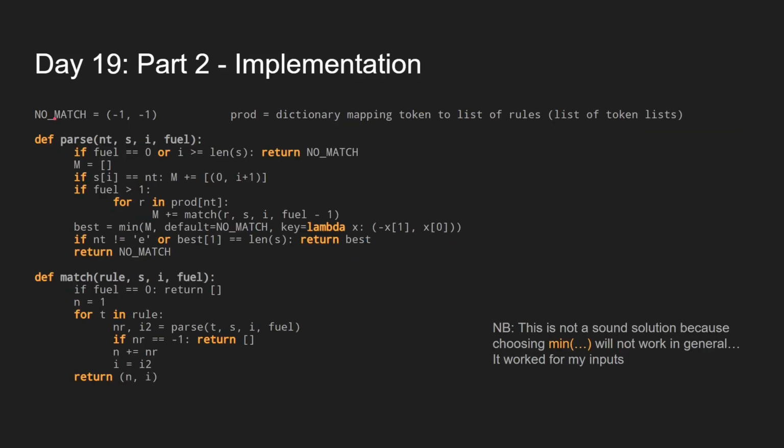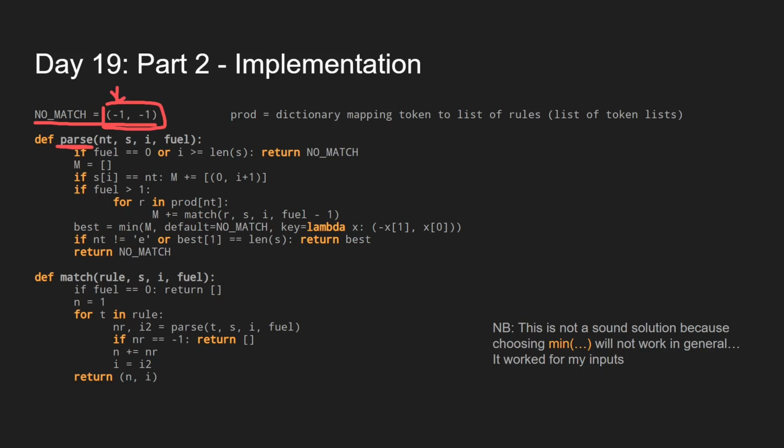Sorry for the wall of text, but this is the code of my solution, simplified a bit for presentation. I have a core parse function here, and this will return either the no match constant, which is a tuple containing -1, or a tuple where the first element indicates the number of replacements.